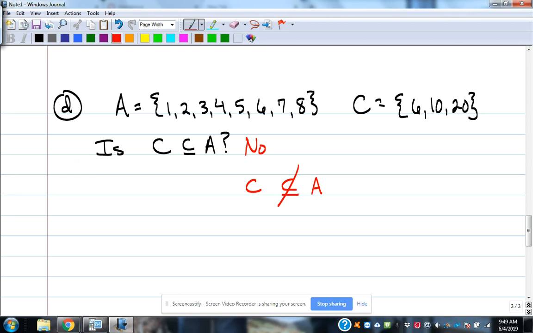Not a subset of A. That's what that says there. So subsets, everything in the smaller set has to be in the larger set. If they're not, then it's not. If everything in the smaller set is not in the larger set, then it's not in there. Okay, that's not a subset.